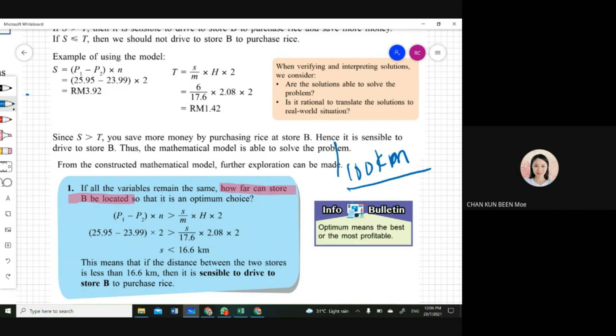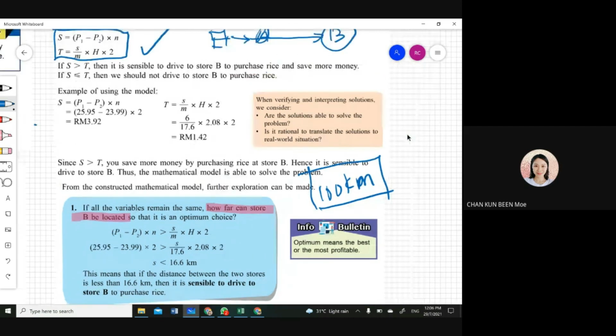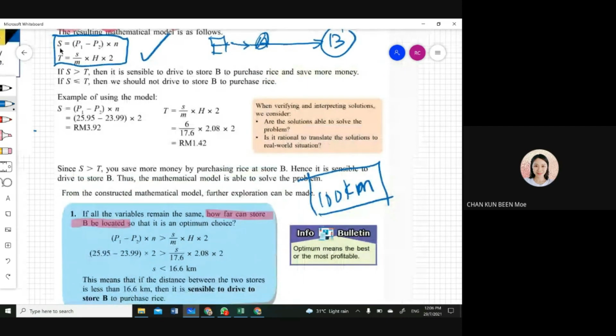I'm sure if it exceeds 100 kilometers, it's not worth it to buy the rice from that shop anymore. Okay, so over here, we are going to do comparison to find out how far the store B can be located by using the formula, the mathematical model that we have here, the S and the T.